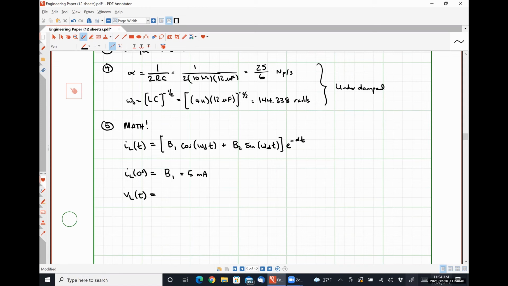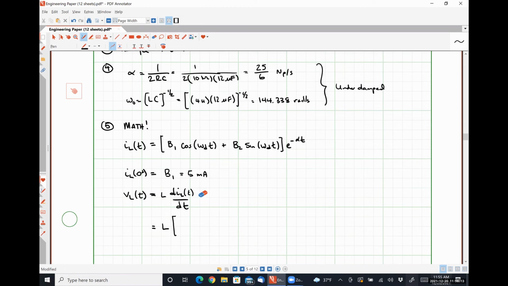So we're using the table from here on out for these derivatives because it's a pain in the butt. Sorry. So this is going to be L di by dt. So that's why I give you guys the derivatives. We need to remember to multiply by the L on the outside, or we're going to get the wrong answer.